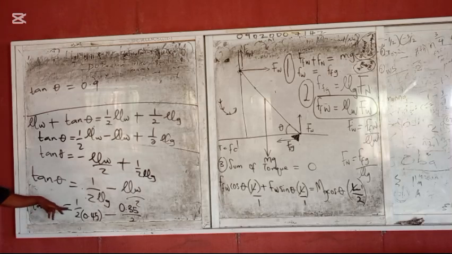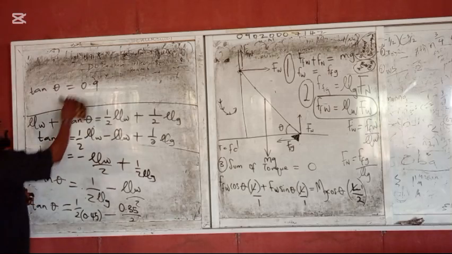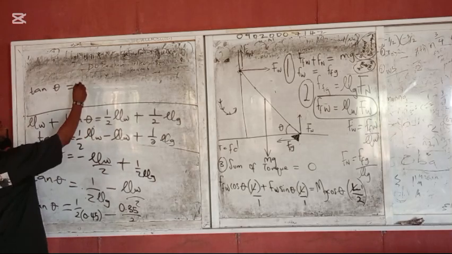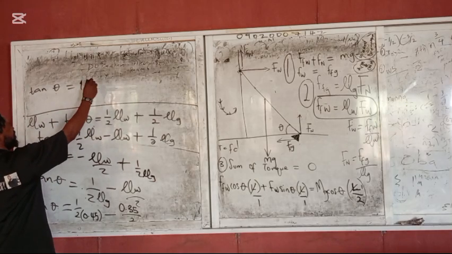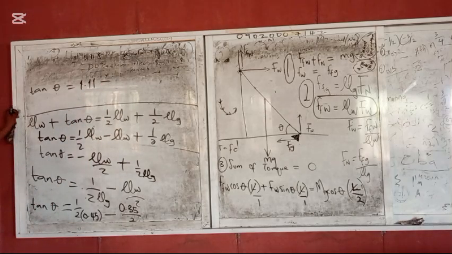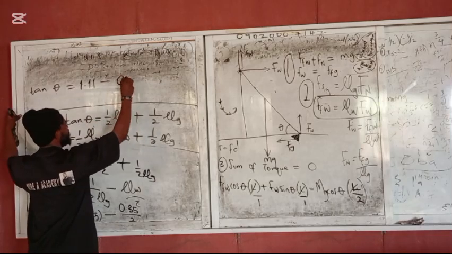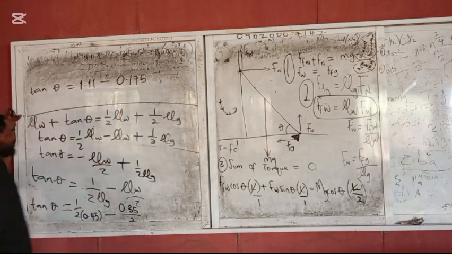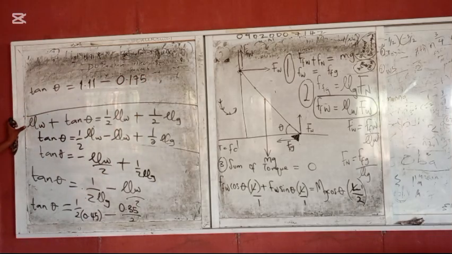Do 2 times 0.45, then do 1/2 times. That is 1.111. Then minus 0.35 divided by 2, which is 0.175. But do 1.11 minus 0.175.